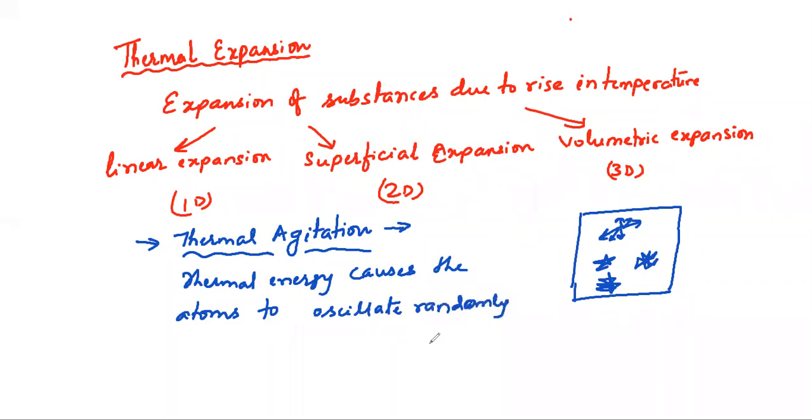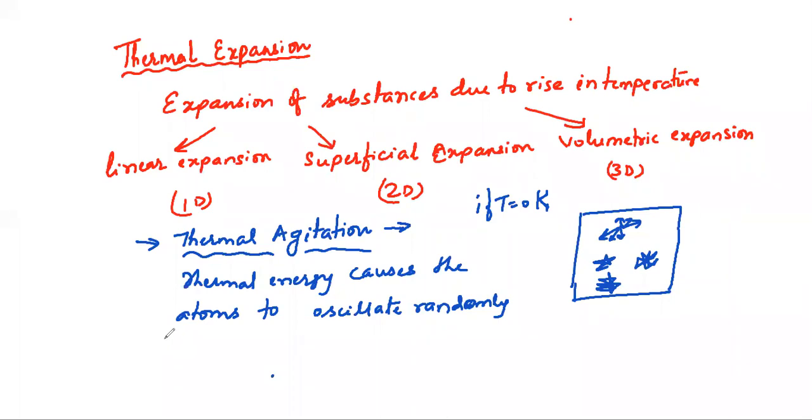If the temperature is 0 Kelvin, there will be no oscillation. As temperature is increased, thermal agitation increases, or oscillatory motion increases, and atoms start to oscillate randomly.